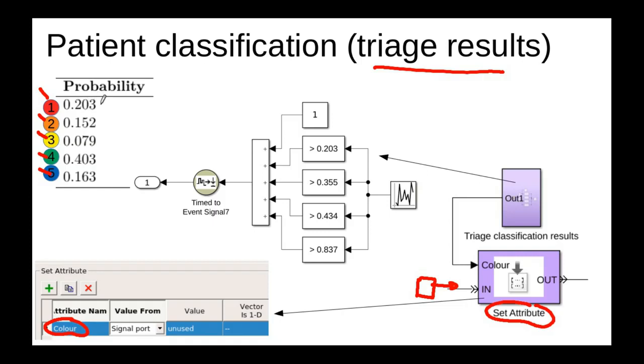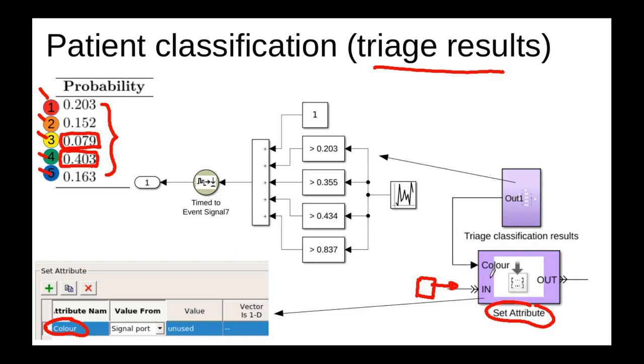Here you have the probability for a patient to be graded 1, 2, 3, 4, or 5. As you can see, the smallest probability is to be grade number 3, and the biggest one is 0.4 for illness of type 4, the green ones.